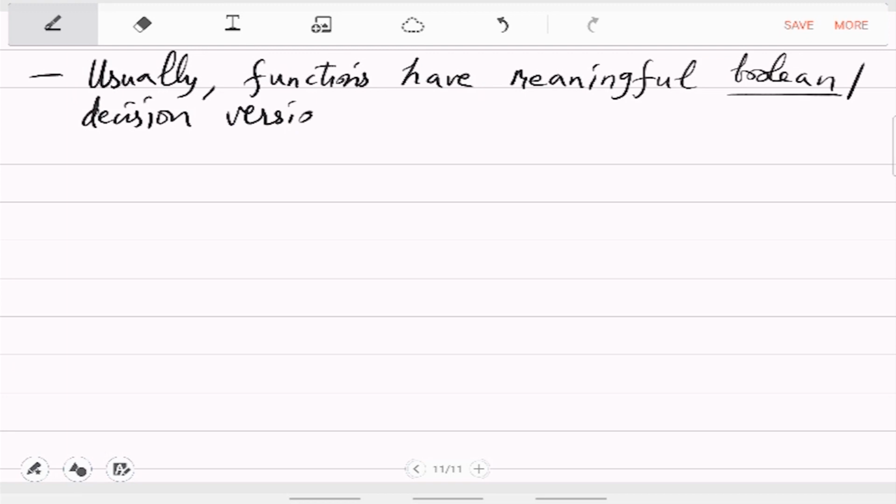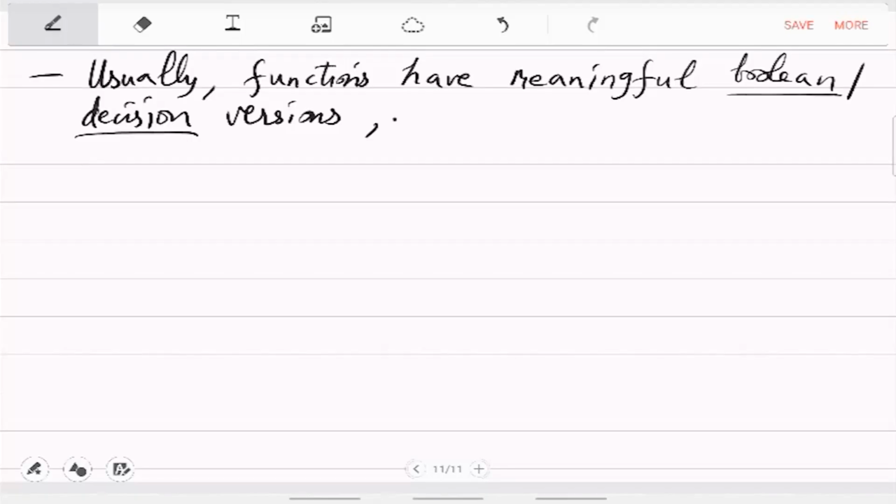The decision version, or Boolean version, means a function which outputs only 0, 1.